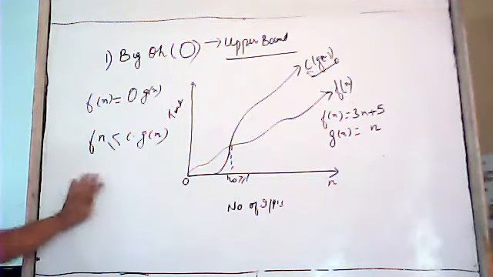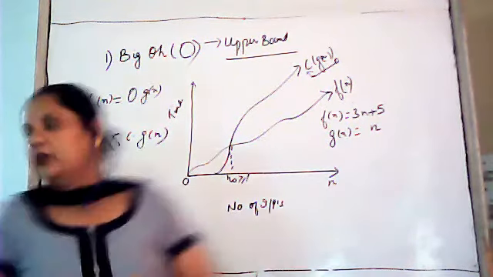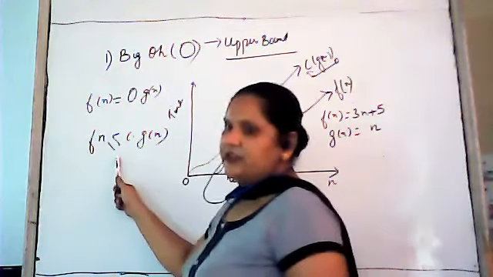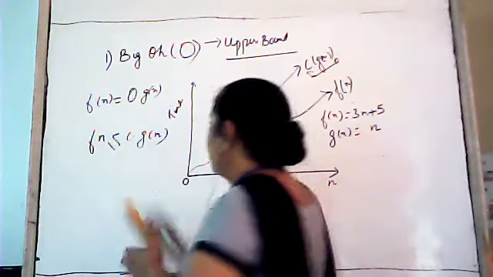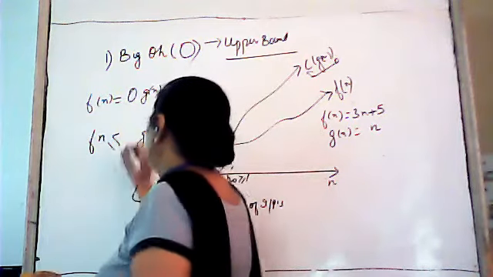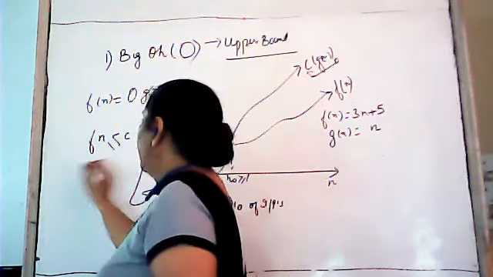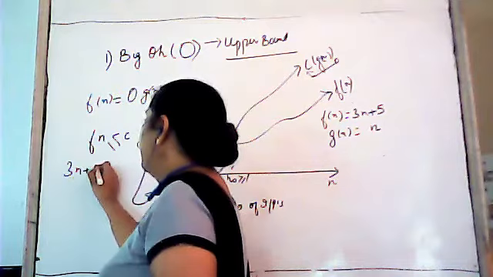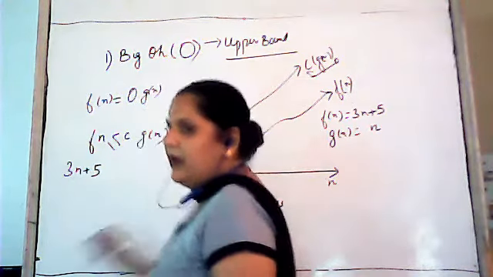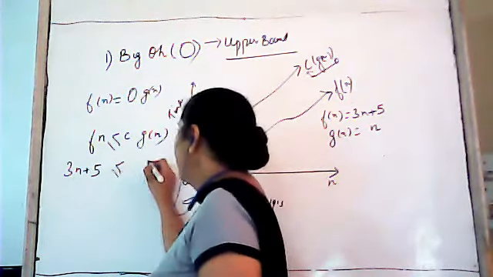For that, I have to satisfy this condition: f of n is always less than c of g of n. For f of n, I am given 3n plus 5, and it should be less than n.